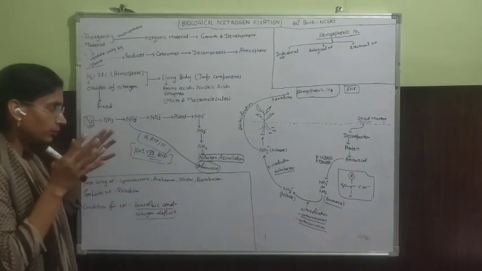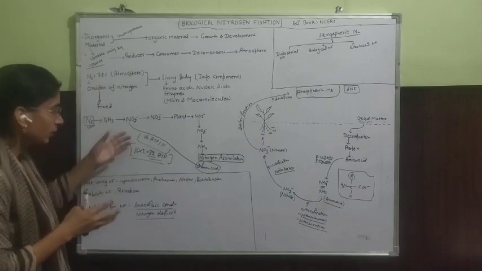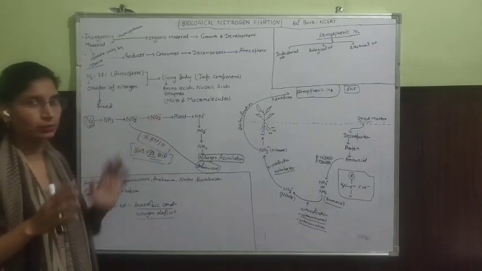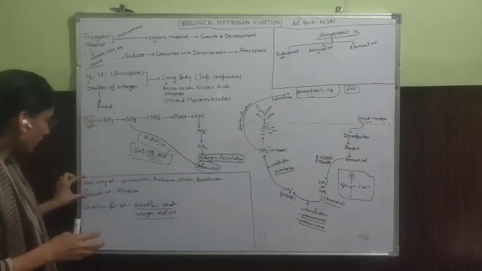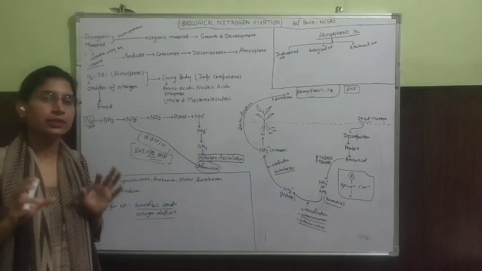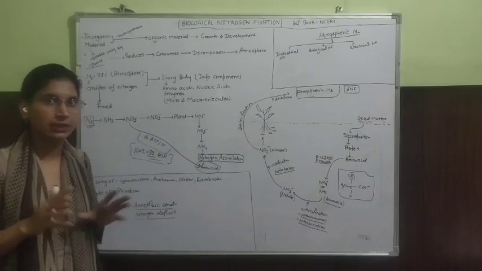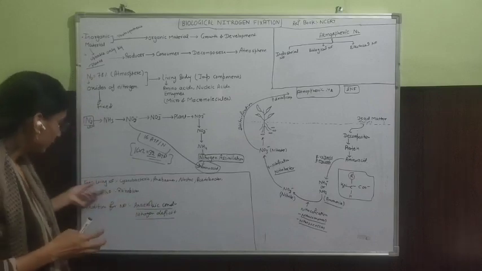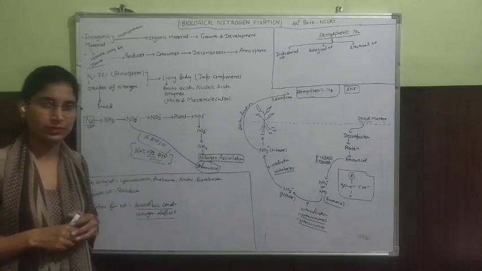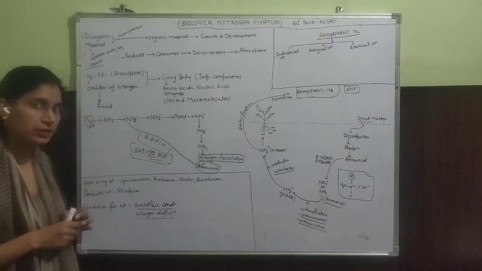Because the plant cannot do this whole process alone, there are some free living nitrogen fixing bacteria present in the soil, and there are some symbiotic nitrogen fixing bacteria. What is symbiotic?